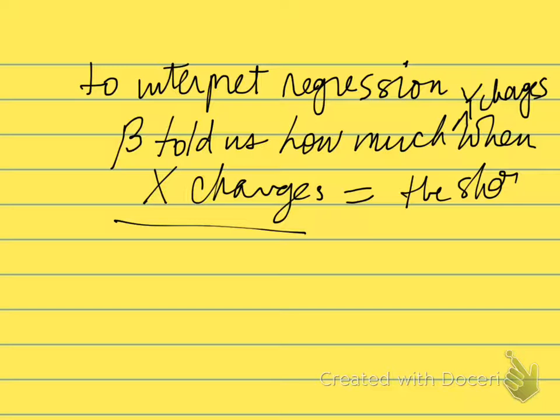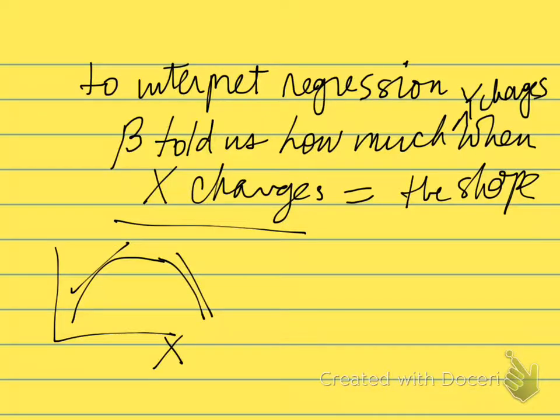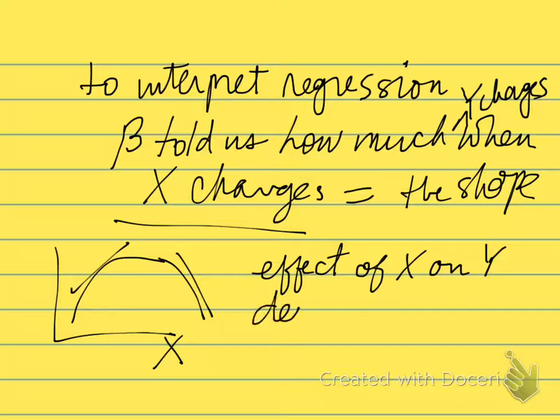But now we see that the slope varies with the level of x, and the slope could be positive here, and then here it could be negative. So the effect of x on y depends on the level of x.